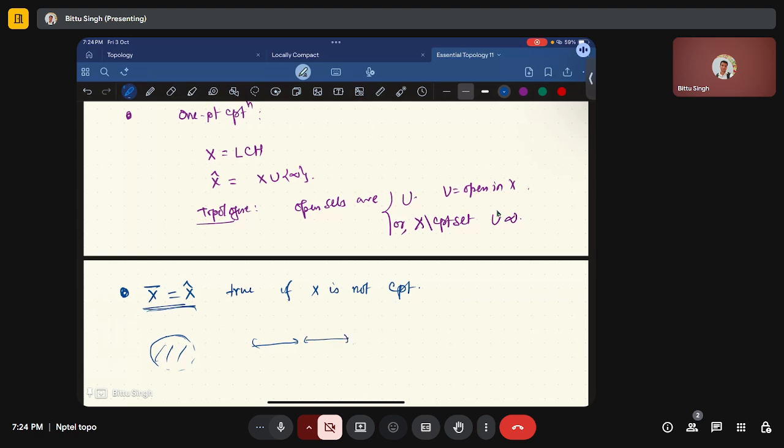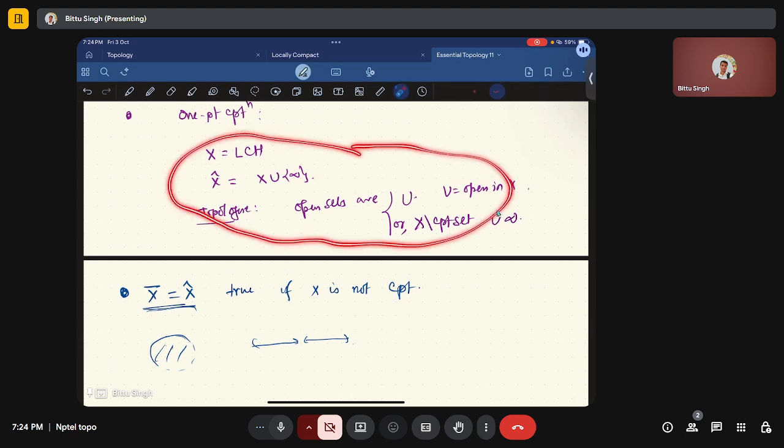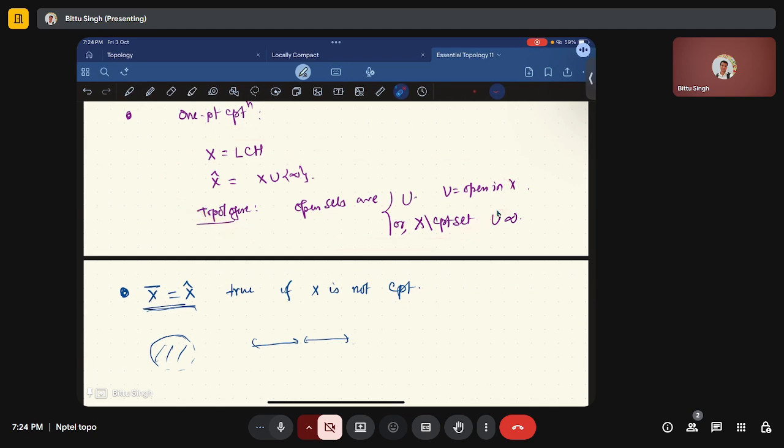Those are actually non-compact spaces. For a compact space, the one-point compactification does not fit with the definition given in this. So we may ignore that case actually.